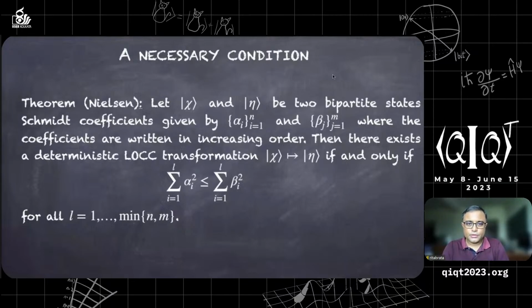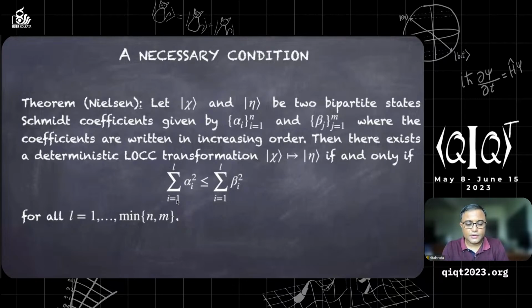If you have an input state chi and an output state eta, and they are pure bipartite states, they can be written in the Schmidt form, and they have the Schmidt coefficients, which are alpha i and beta j respectively. If you write them in increasing order, then there is a majorization condition which determines whether this chi can be transformed to eta. This happens if and only if this majorization inequality holds.